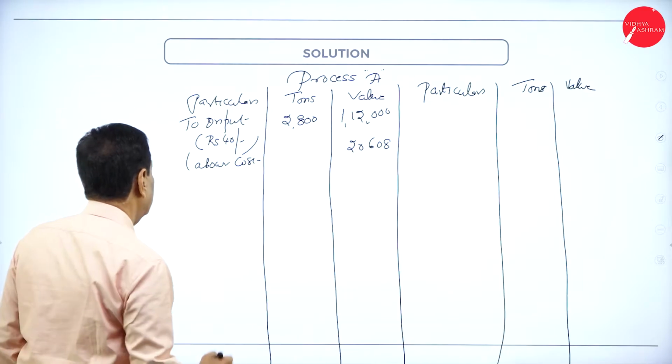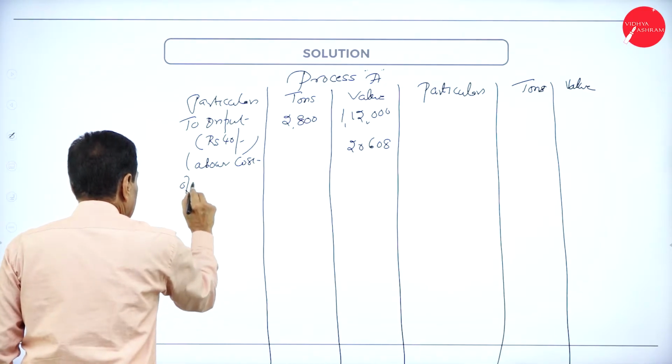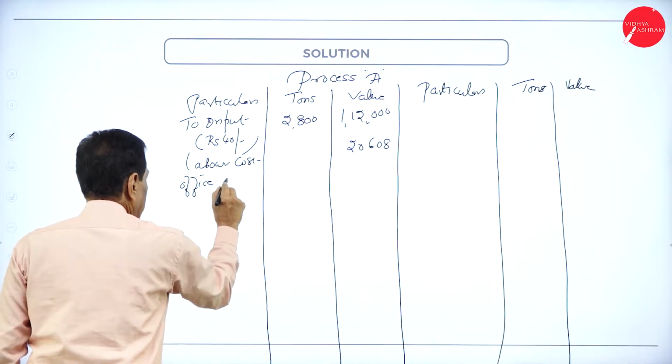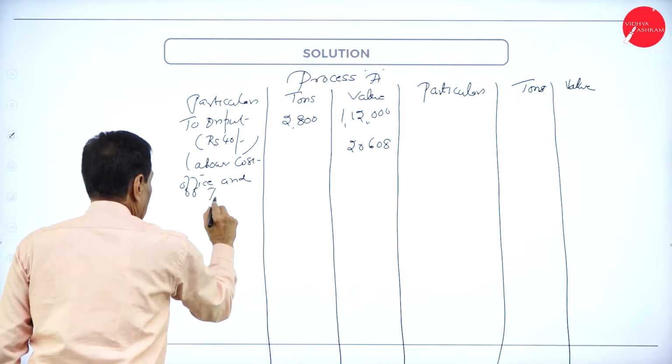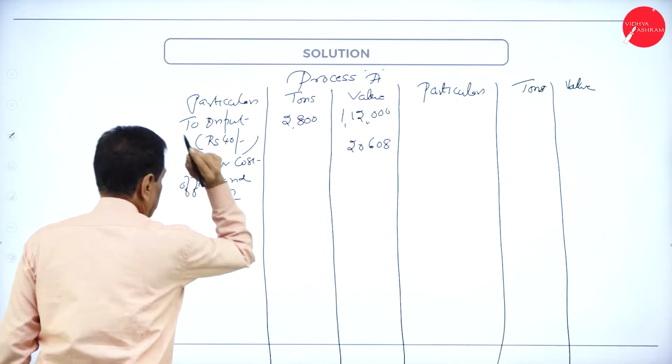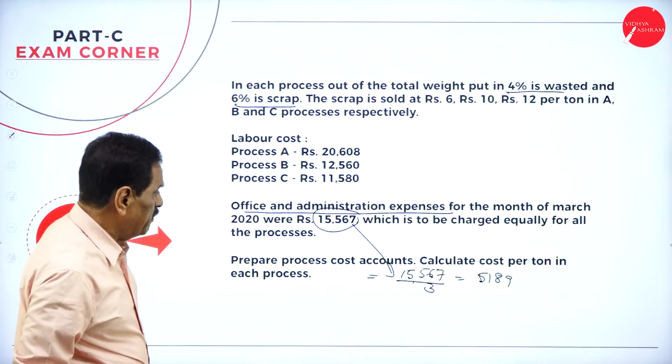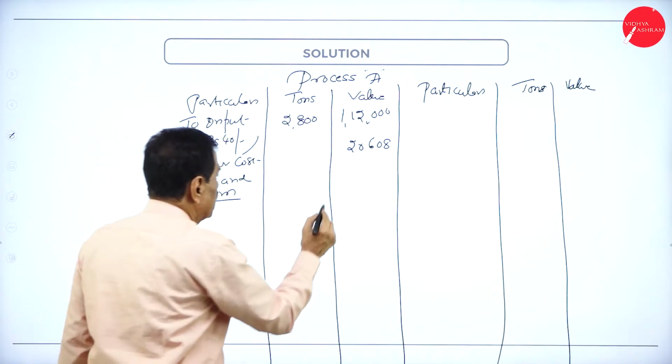Then office and administration, divided by 3, we had done, 5,189.